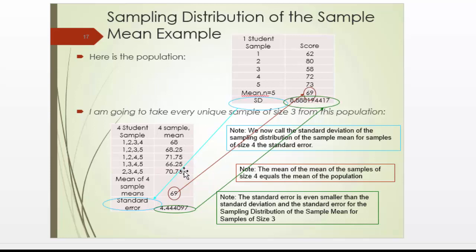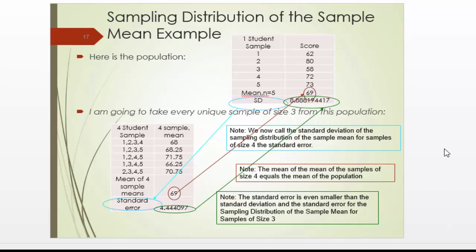So now I've got the mean, all the unique means for samples of size 4. When I add up those means, divide by how many there were, and there are 1, 2, 3, 4, 5 different ways I could uniquely get 4 people from the 5, I get that the sample mean once again is 69. And I see the standard error is even smaller. So I'm wondering, what are these properties of the sampling distribution?